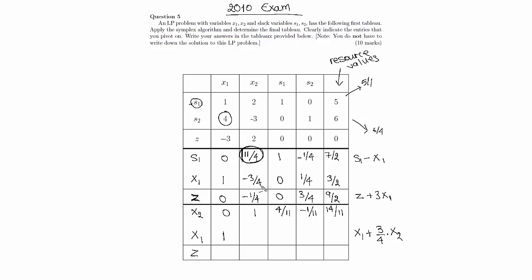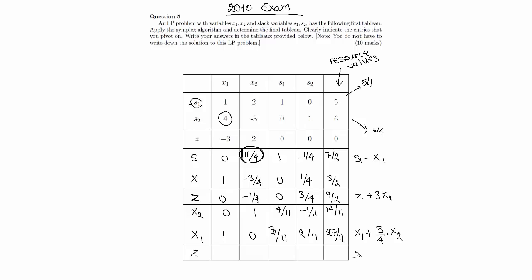This is minus 3 on 4 plus 3 on 4, which is 0, of course. We have 0 plus 3 on 4 times 4 on 11, which will be 1 over 11. And doing this will give us 3 on 11, 2 over 11, and 27 on 11.